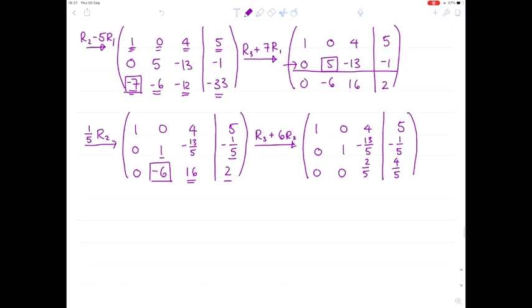So it's not looking particularly pretty, but we can actually neaten this up very nicely. Because we want to turn this 2/5 into a 1, we just multiply by 5 over 2.